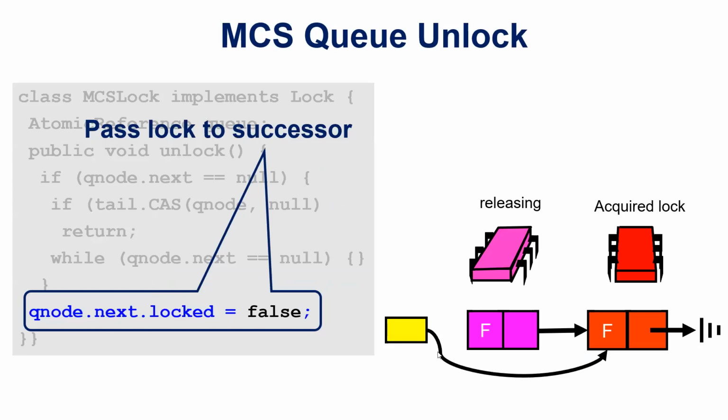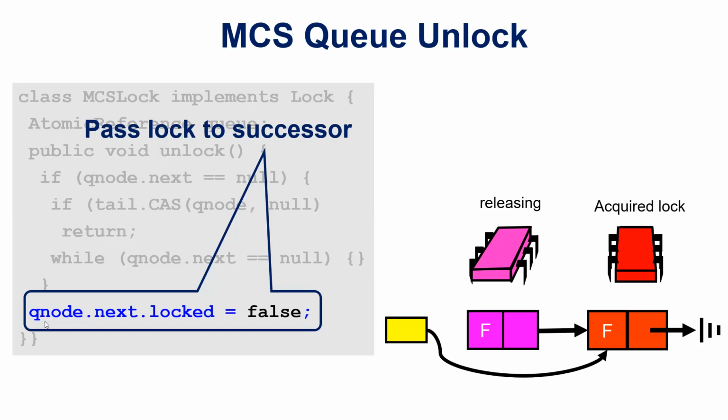So what it is doing is, let us assume this purple thread wants to release the lock, and this particular red thread wants to acquire the lock. The purple thread releases the lock by updating the next thread's locked field value to false.